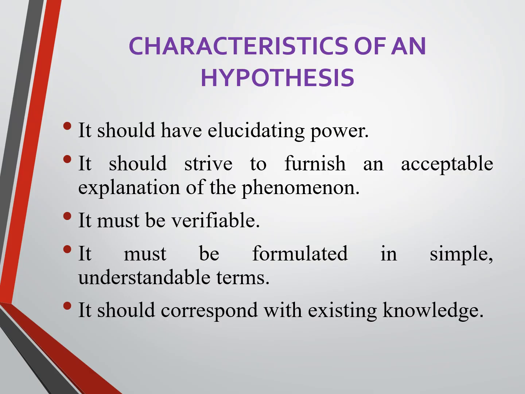Number three, it must be verifiable in a regular way. Fourth, it must be formulated in simple and understandable terms. So it should be in simple terms. I will come to that; that is known as a simple hypothesis. And it should support your existing knowledge.